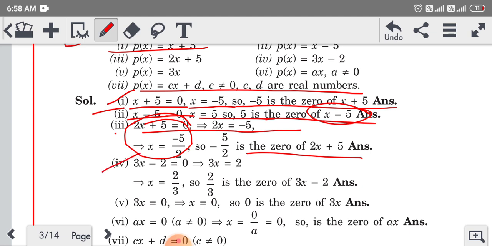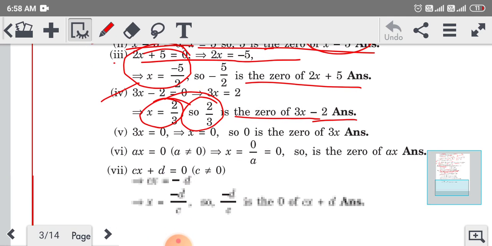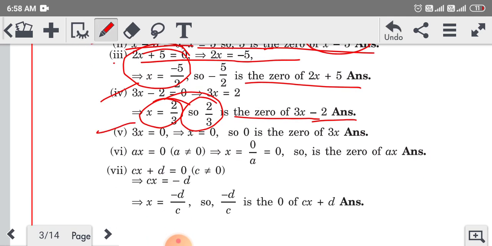And fourth में कहते हैं 3x − 2 = 0, that is 3x = 2, x = 2/3. So 2/3 is the 0 of 3x − 2, answer. So fifth क्या कहते हैं 3x = 0, that is x = 0. So 0 is the zero of 3x, answer.